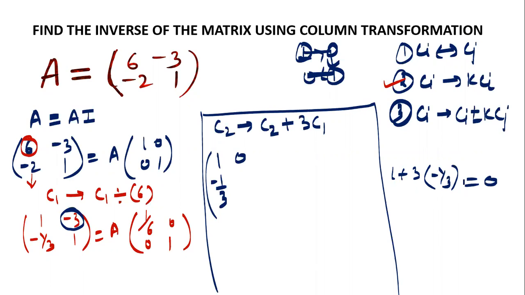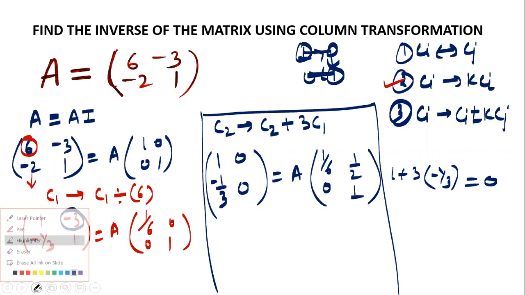It will come out to be 0, equals A, and it will become 1 by 6 C1, 1 by 6, and 0 will remain as it is in C1, and C2, C2 plus 3 into 1 by 6, it will become half, and 1 plus 0, it will be 1.